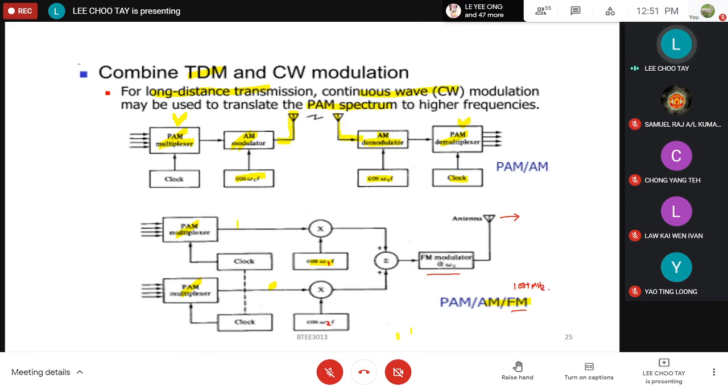But if you transmit using AM, you can only transmit at the highest about 1.6 megahertz, isn't it? This one you can transmit at 100 plus megahertz. So that is a short description of how we transmit TDM signal wirelessly over long distance.